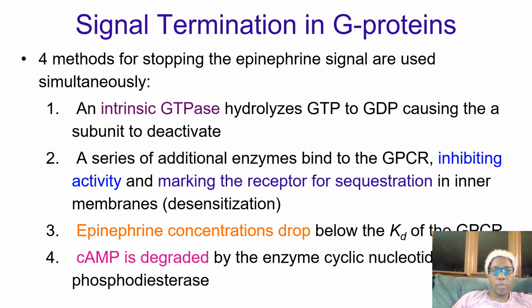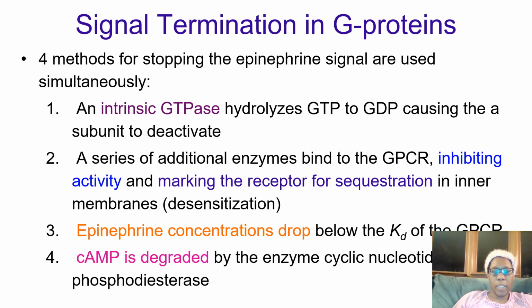Another feature of signal transduction is termination of the signal. There are 4 methods for stopping the epinephrine signal, and they are used simultaneously. Because once we turn on the signal, we need a way to stop the signal and stop our body from producing ATP or adrenaline. One method is an intrinsic GTPase hydrolysis.